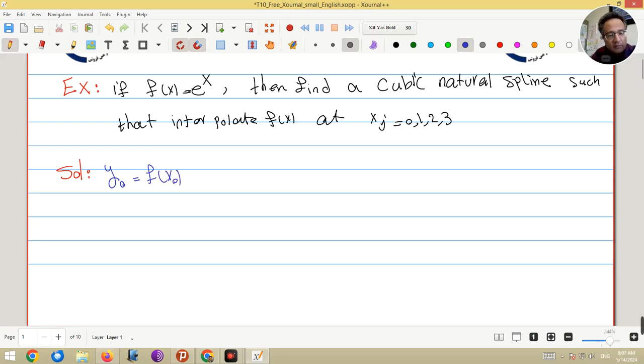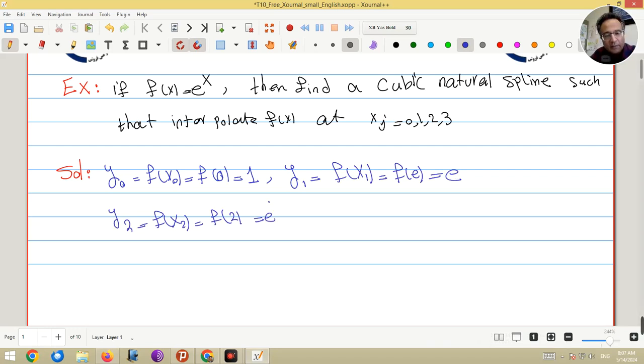This is f of x0, equal to f0, and it will be 1. y1 is equal to f of x1, and this is f of 1, and this is e. y2 is equal to f of x2, this is f of 2, and this is e squared, and y3 is f of x3, this is f of 3, and this is e cubed. Okay, so in fact we have this table.